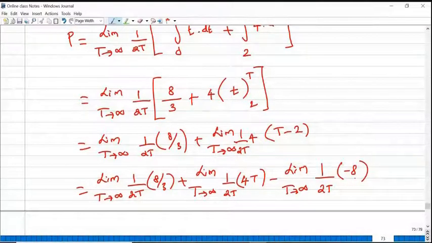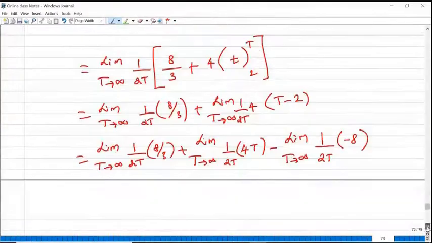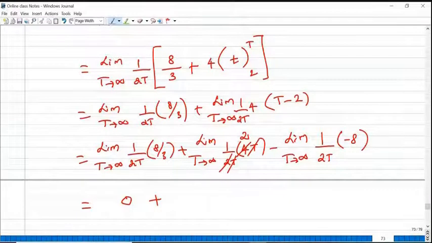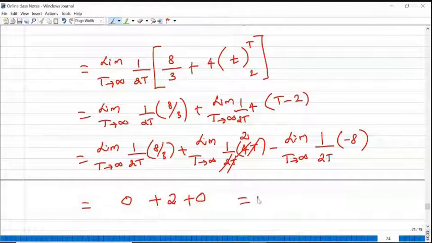Now check the three terms. First term, there is no t value here, so t cannot be cancelled, so T tends to infinite, 1 by infinite is 0. Second term, the T cancelled, so 2 times of 2, so there are no T terms, the answer is 2. Third term, T is not cancelled, so T tends to infinite, 1 by infinite is 0. The value is 2 watts. Okay. Check the signal.